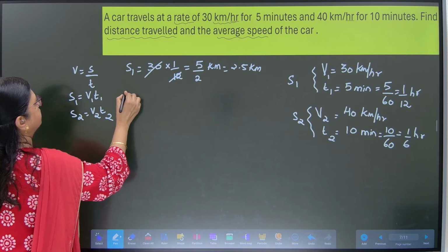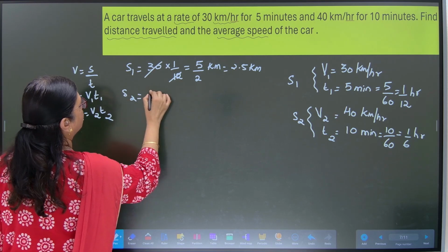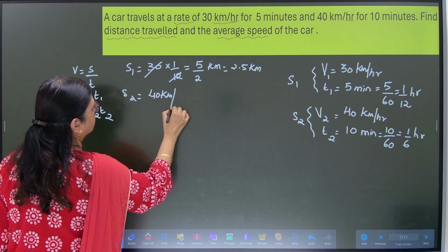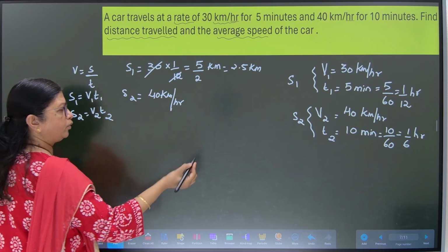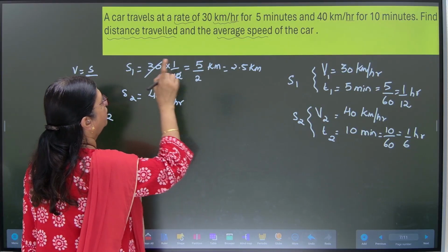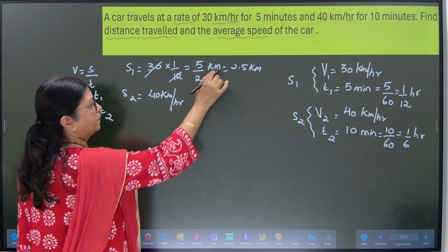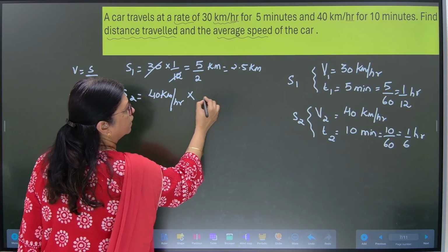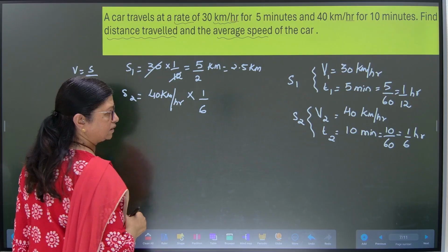Okay, now what is S2? S2 is equal to 40 kilometers per hour. I can write with units, without units, while calculation, but remember, when the calculation is over, I must write the unit. That is very important. Multiply by 1 upon 6.